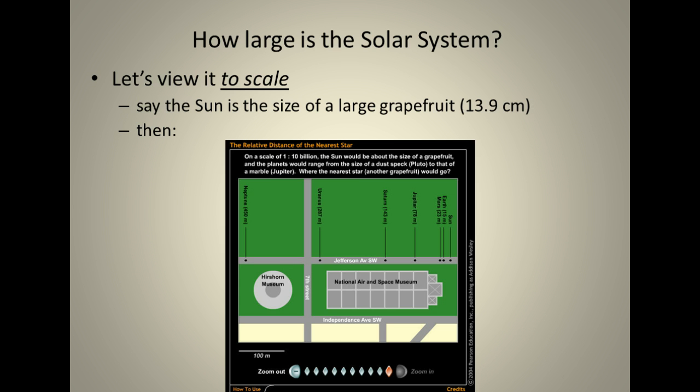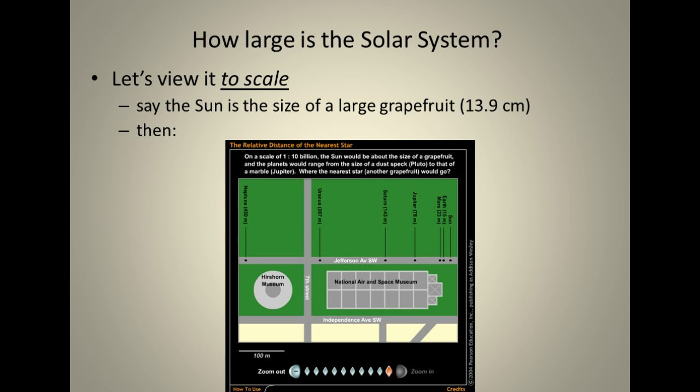Now, the inner planets are all much smaller than the outer planets. In fact, we call the outer planets gas giants. So in your mind, think of examples of familiar objects that could represent these planets and write them in your notes. Go ahead and do that right now. Okay, now for me, the inner planets might be different size sand grains compared to Pluto, who we just said was a dust speck.